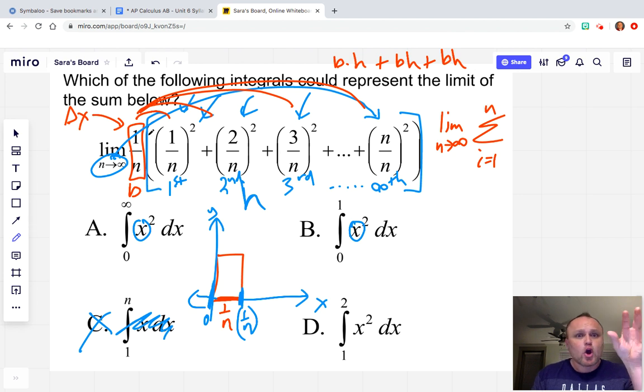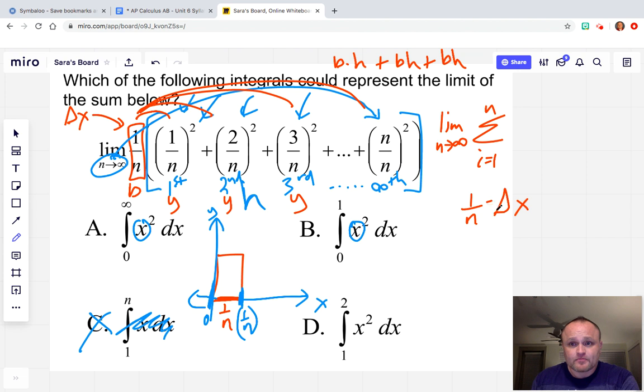All we did here is take out all the bases by GCFing them out, where you're just looking at the first y value, the second y value, the third y value. So 1 over n is going to be the delta x, and we learned that delta x was b minus a all over n.